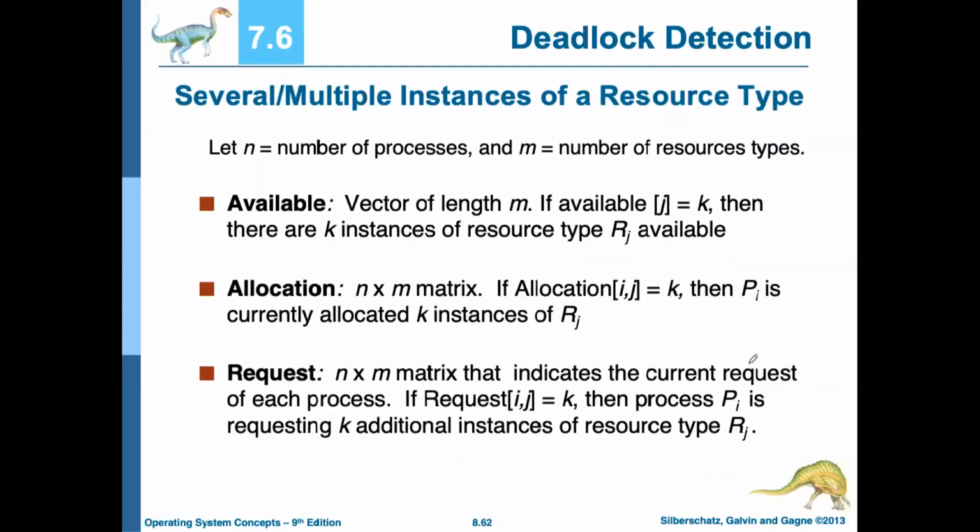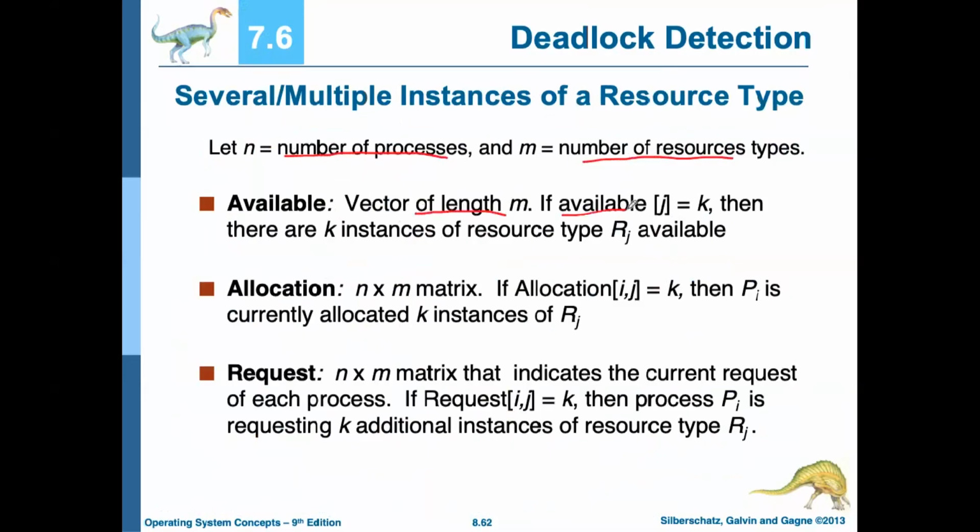And then next, several and multiple instances of a resource type. Let n be the number of processes and m the number of resource types. Available is a vector of length m.